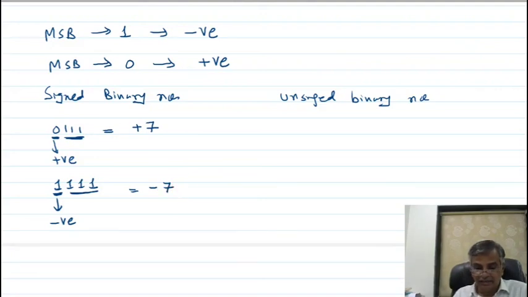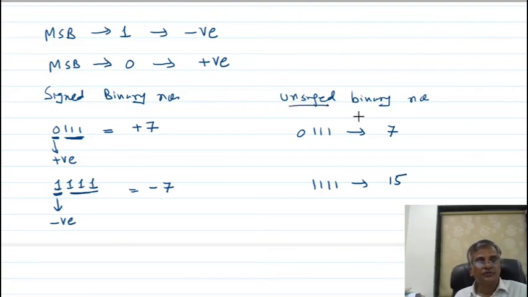In unsigned binary numbers, 0111 represents 7 and 1111 represents 15, considered as positive.